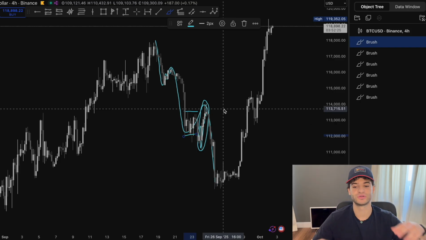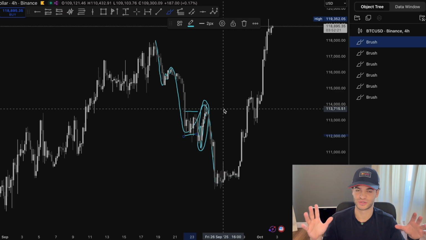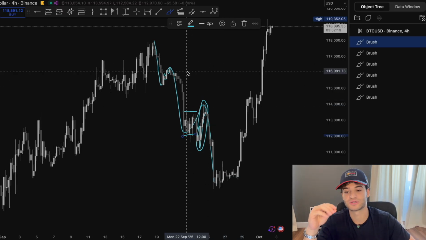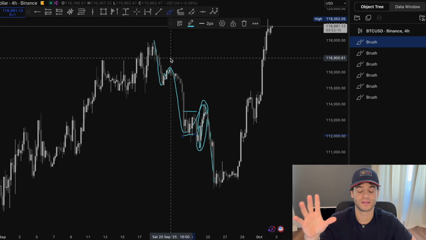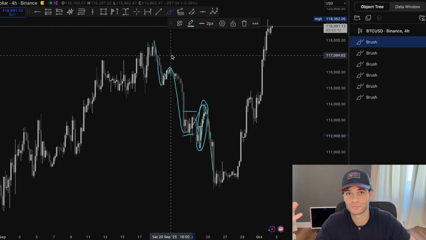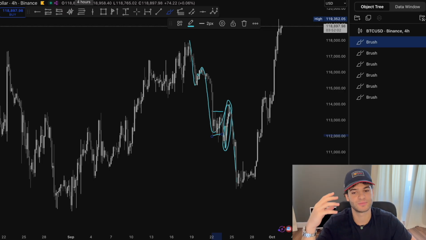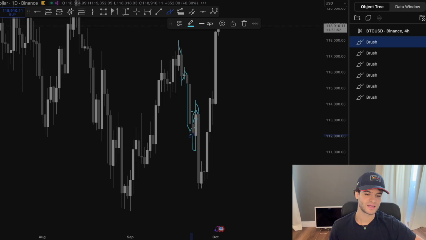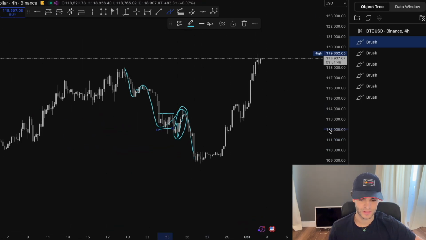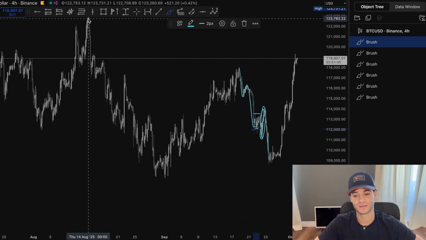So don't get confused on the lower time frame, stick to the higher one for your swing trades. Of course, if you want to trade on the 5-minute, 15-minute, 30-minute time frame, you can do that and you can look at the smaller time frame market structures. But I would say to keep a bias and to keep an overview of where the market is going, use the 4 hour as a very good guideline to identify the trend.